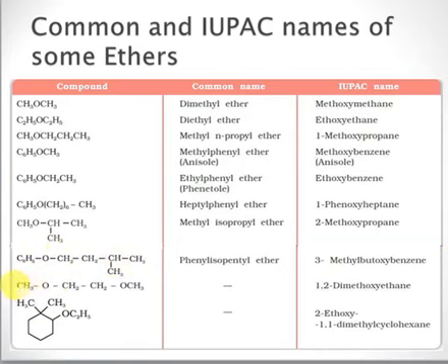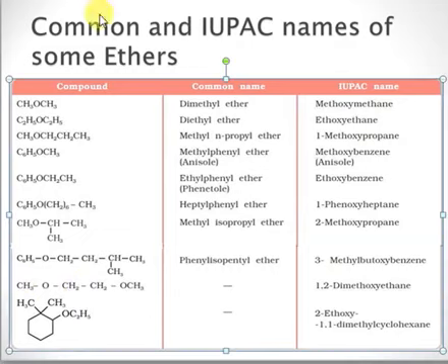Now we have two ether functionalities. See, we have a methyl group and we have two carbons, and then we have a methyl group again, right? So since one carbon of this is attached with a methoxy group and the second carbon is also attached with a methoxy group, the common name for that will not be applicable.